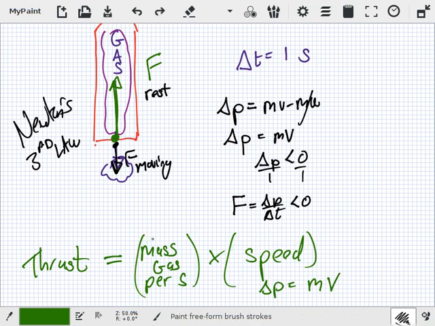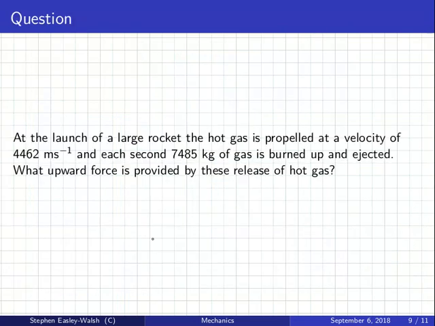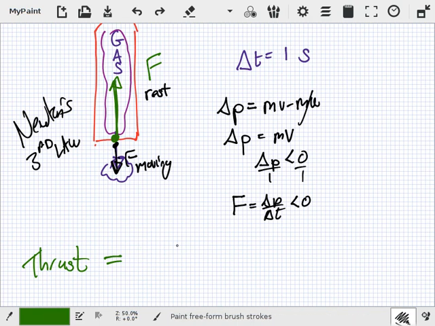So in other words, I suppose, do I have it as a formula here? Yeah, so actually you need to write this down. Just to make it a little bit clearer, it's the speed of gas times the mass of gas per second.